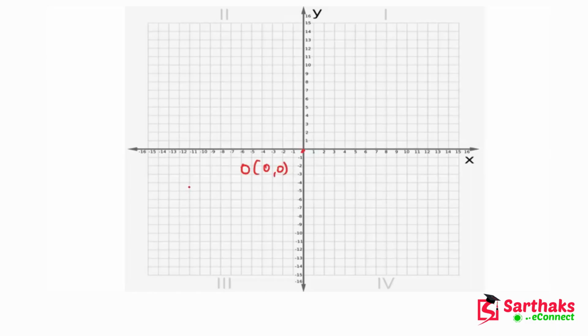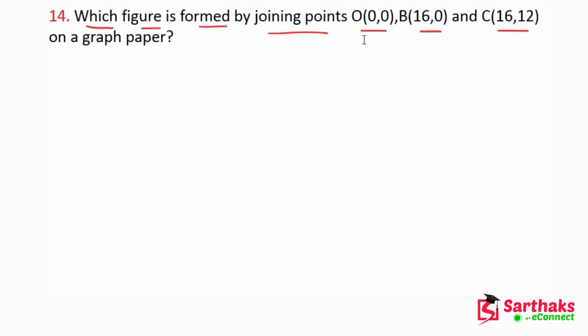This is the origin. Now the second point is (16, 0), meaning this point lies on the x-axis, because the y-coordinate is 0.